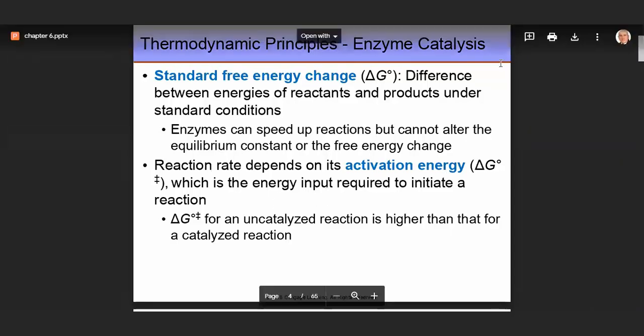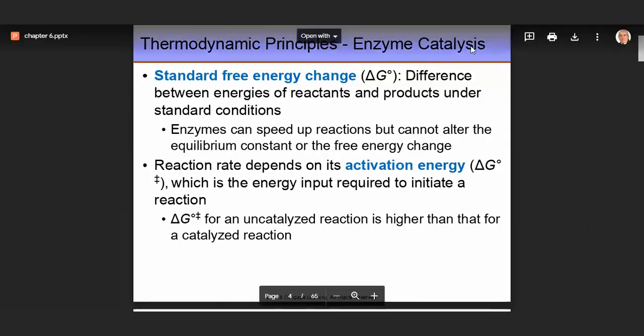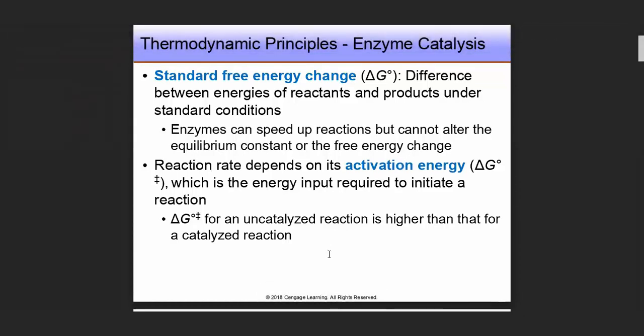So what you need is something called activation energy, which is the energy input required to initiate a reaction. So you must initiate the reaction. As with a gas itself, you must ignite the gas in order for it to give you a fire.